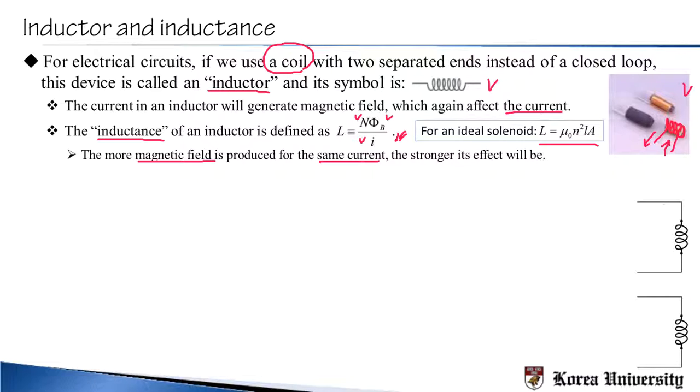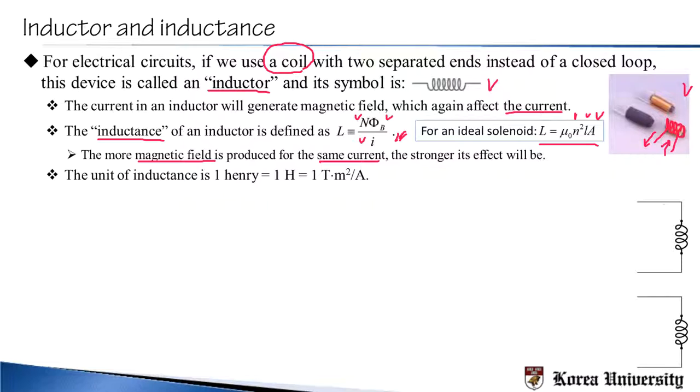Its inductance will depend on the area of the coil multiplied by the length of the coil, and also on the number of turns per unit length. So basically the inductance of a coil depends on its shape, just like the capacitance of a capacitor depended on its shape, like the area or the distance between the conducting plates, right?